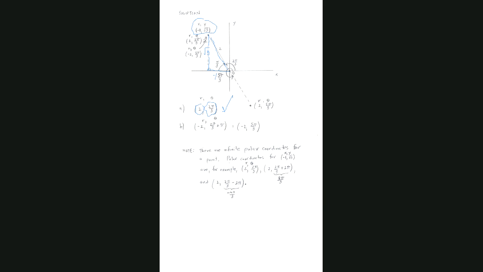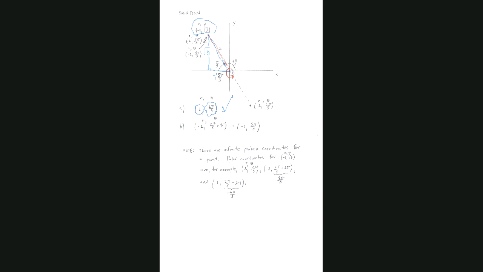If you take the 2 pi over 3, the 120 degrees, and then add 180 degrees, that gets you to 5 pi over 3, or 300 degrees. So if you have your 300 degrees here, but you move backwards a distance of 2, that gets you to (-1, √3).